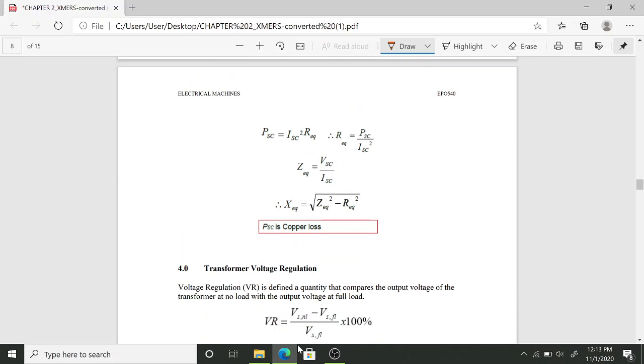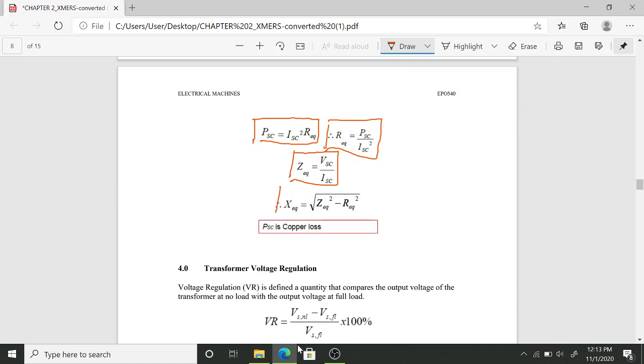You will get the value of P short circuit. From P short circuit, R equivalent equals P short circuit divided by I short circuit squared. Next, Z equivalent equals V short circuit divided by I short circuit.